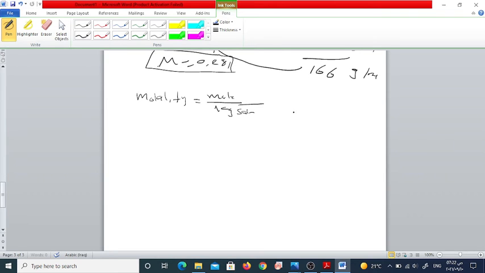Yes, as you know, again, mole equals mass over molar mass.